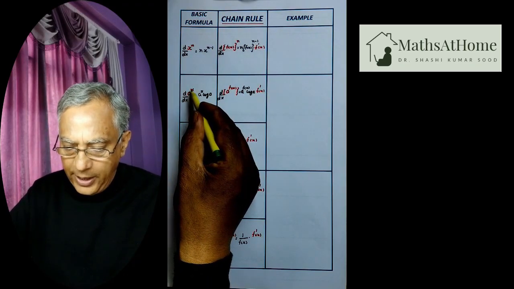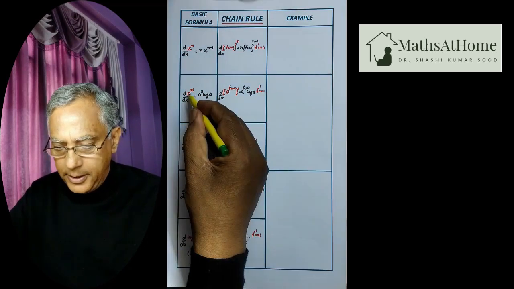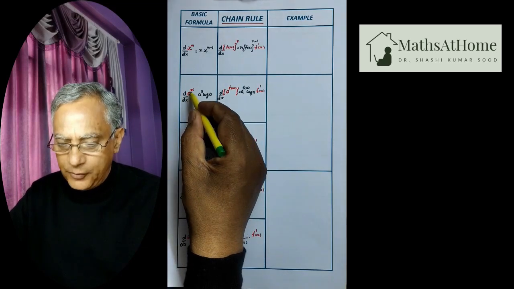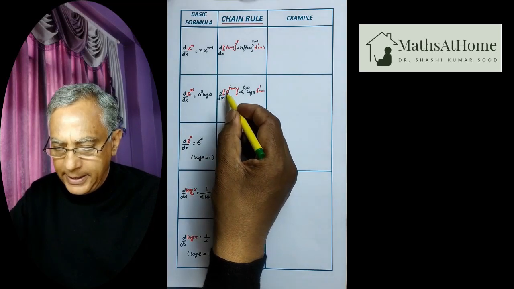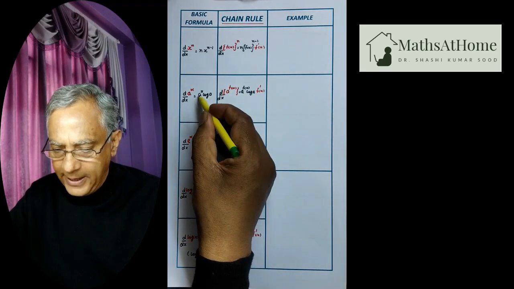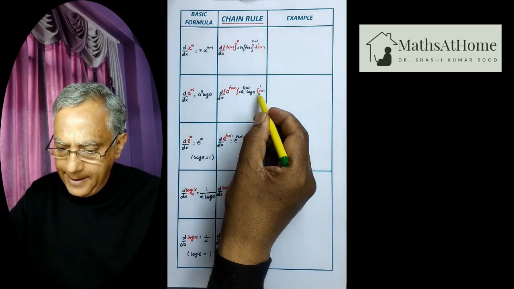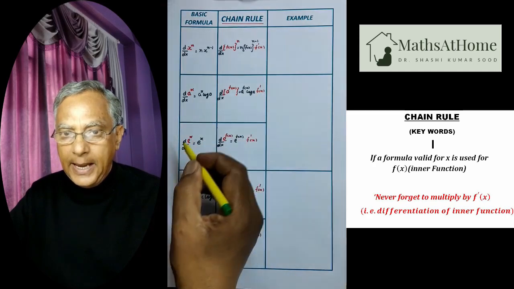Now the formula d by dx of a to the power of x is a to the power of x log a. If this formula is used for f(x), then d by dx of a to the power of f(x) will be a to the power of f(x) log a into f dash x, this term being extra.